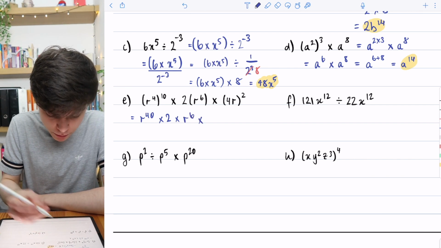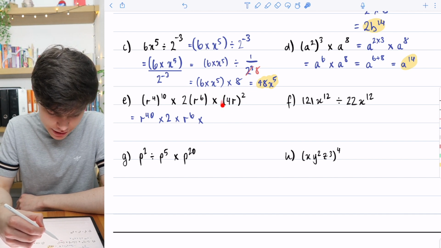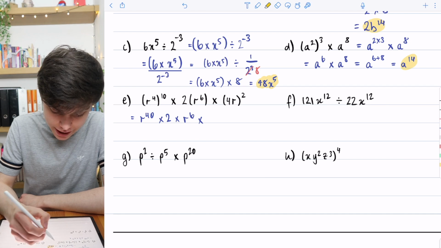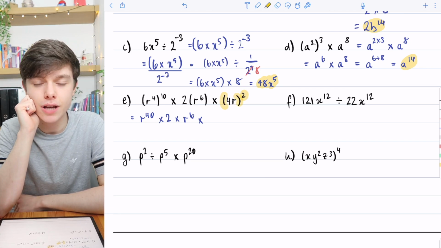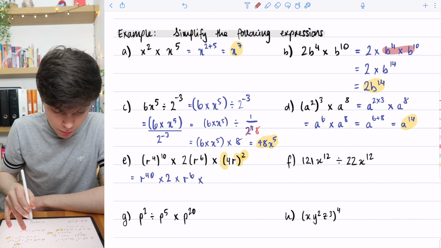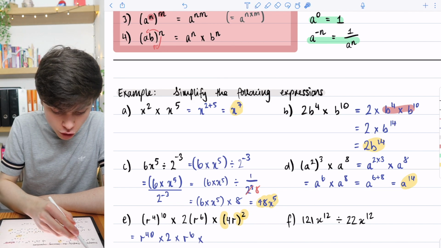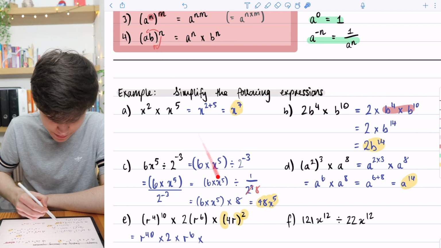And then I'm going to multiply, and look here. We've not seen this before in this video. What we're doing is applying the power 2 to everything inside those brackets. So what we need to do is distribute, and we're using the fourth rule here, where we've got a to be 4 and we've got b to be r.